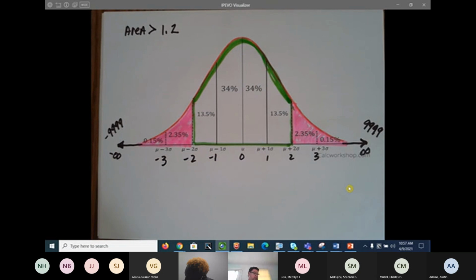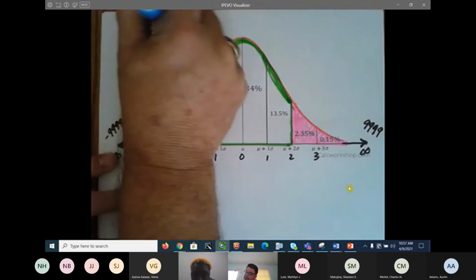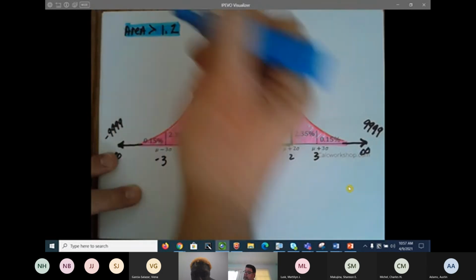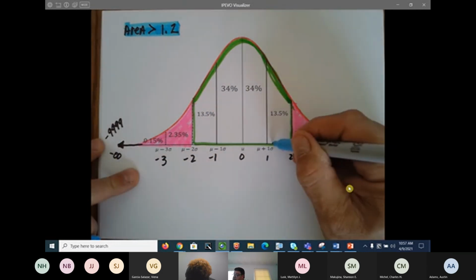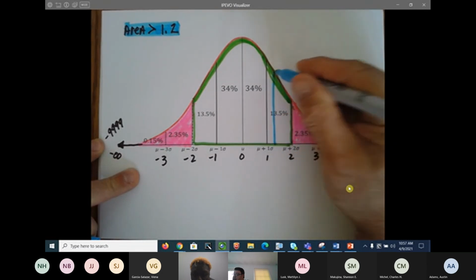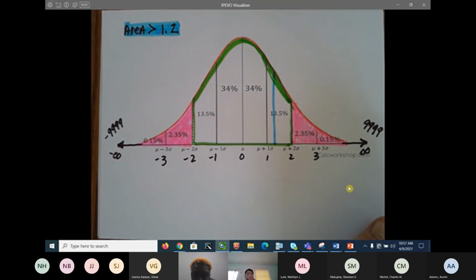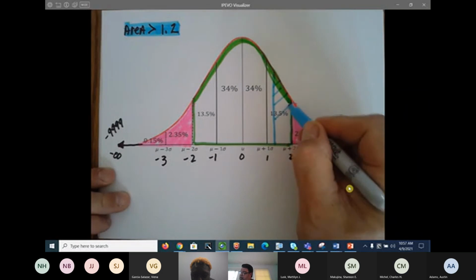I'm going to take my blue marker and highlight the area greater than 1.2. Here is 1.2. And which side is greater than on the number line? To the right or to the left? To the right. So I want to find this area.